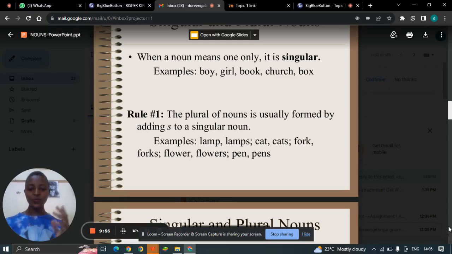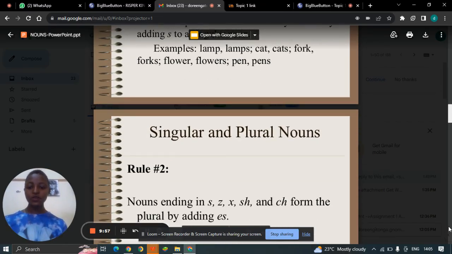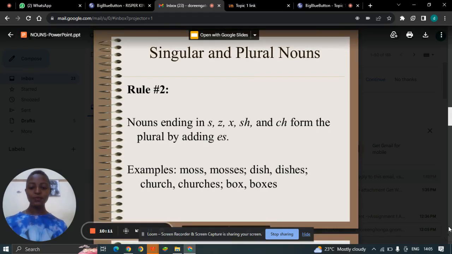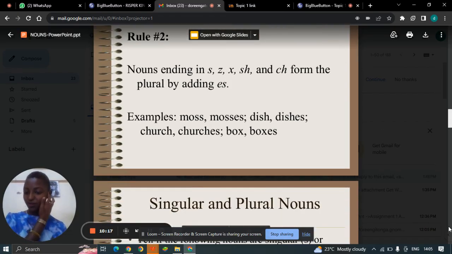Flower, flowers. Pen, pens. Rule number two: nouns ending in s, z, x, sh, and ch form the plural by adding es. For example, you say moss, mosses, dish, dishes, church, churches, box, boxes. Give your own examples.